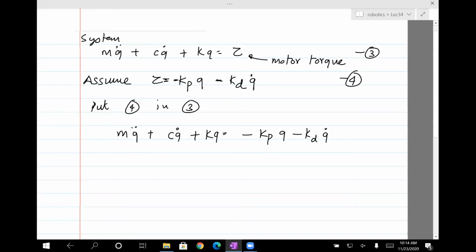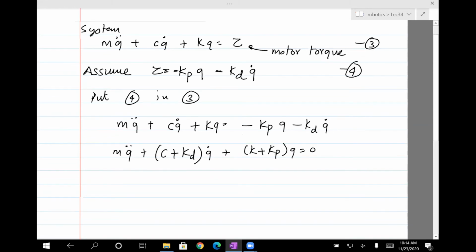And now I can rearrange terms. I can move the Kp, Kd to the left side to get m q double dot plus (c plus Kd) q dot plus (k plus Kp) q equals 0.